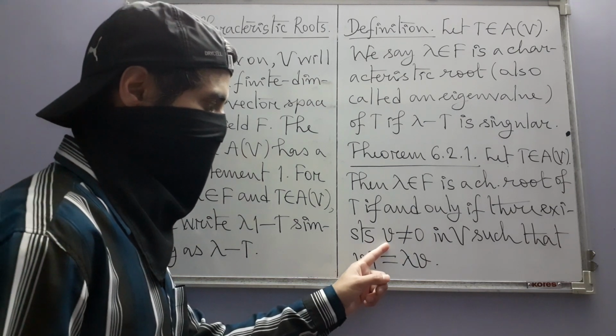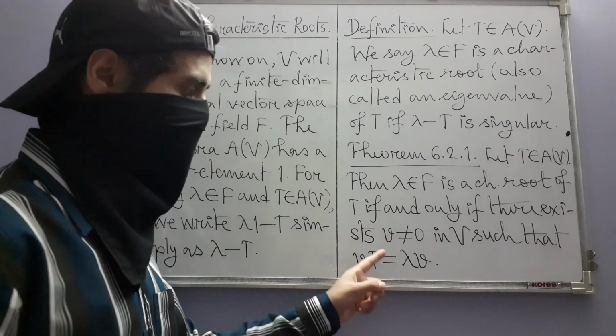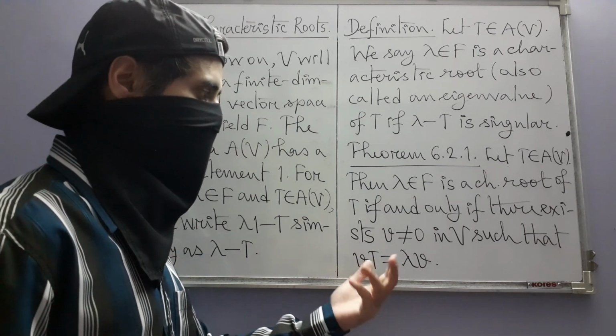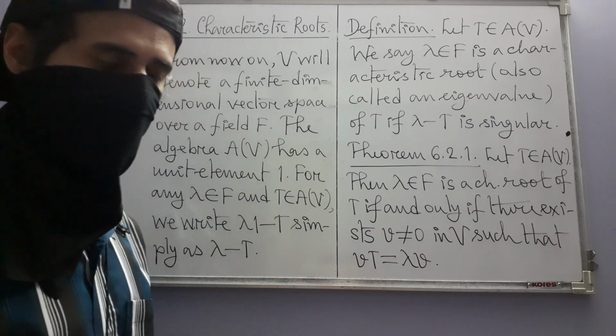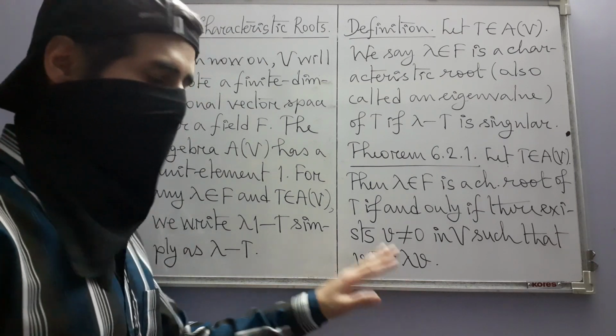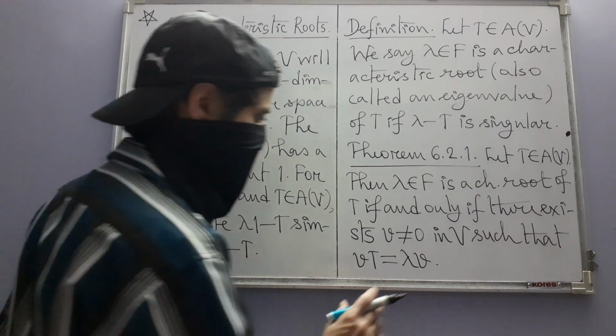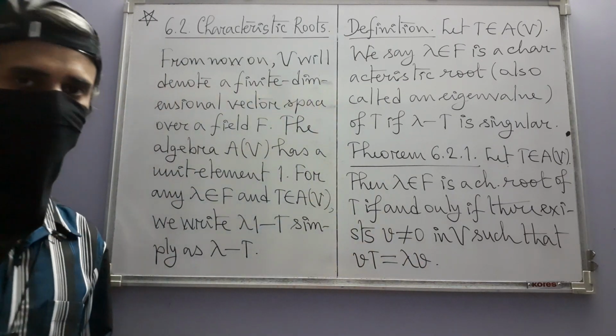And the vector V in this context, which is not necessarily unique, is called a characteristic vector or eigenvector. That term will come afterwards, not now. So let us now see the proof of this.